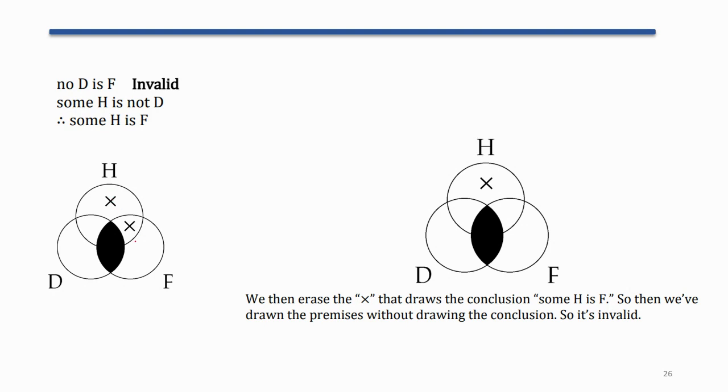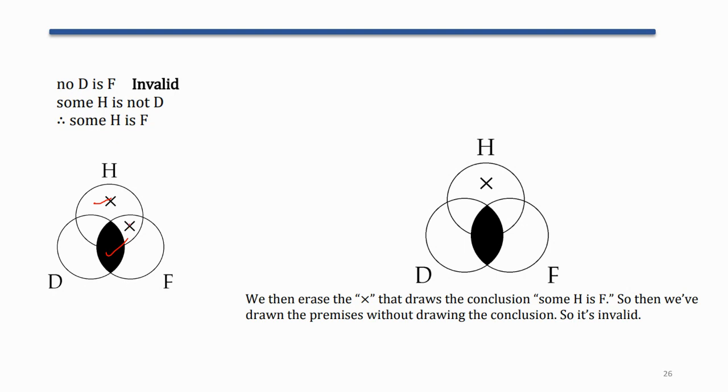So you understand now, this is the crossing position. This area is not D, and this is talking about no D is F. Now what is the relation between H and F? If you see, some H is F: some portion is shaded and some portion is crossed.